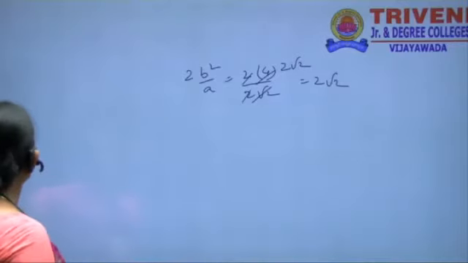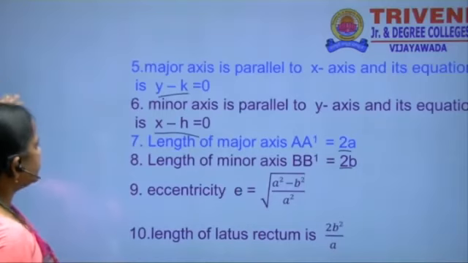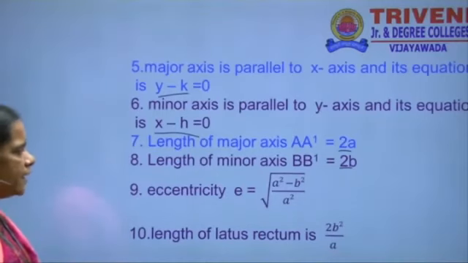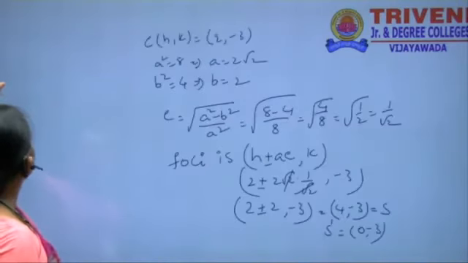Okay, and then the length of the major axis and minor axis. The length of the major axis is 2a and the length of the minor axis is 2b. Then substitute the value of a and b.